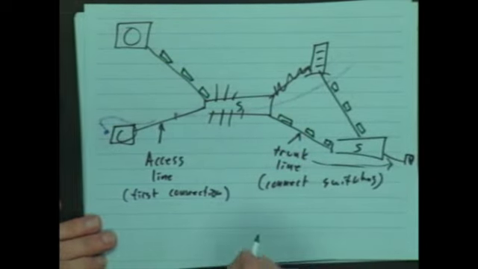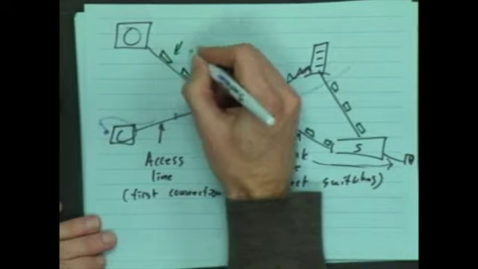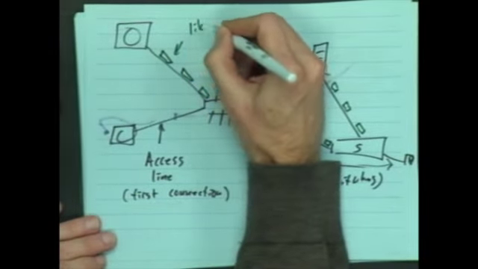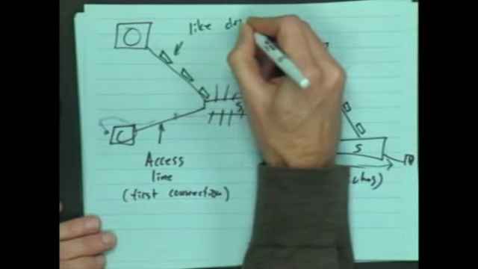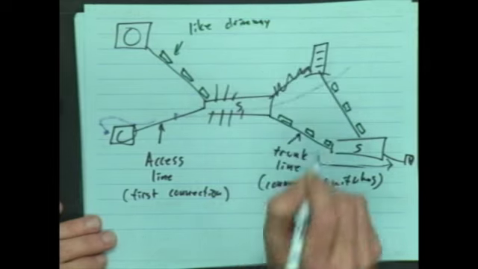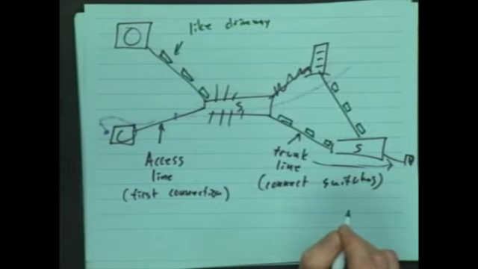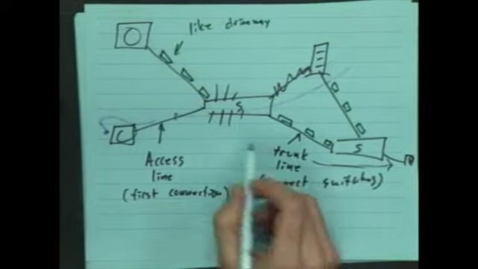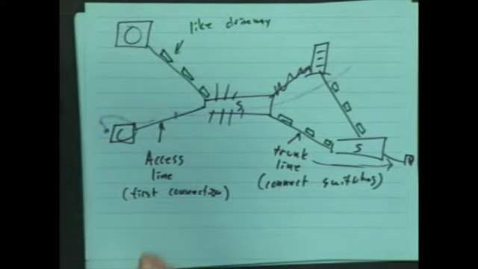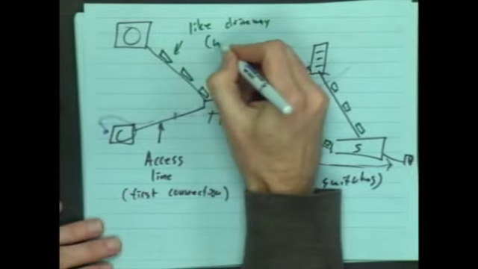Right? So the access line is like my driveway. The driveway at my house is my driveway. No one else gets to use it. So the access line to your computer is not shared.